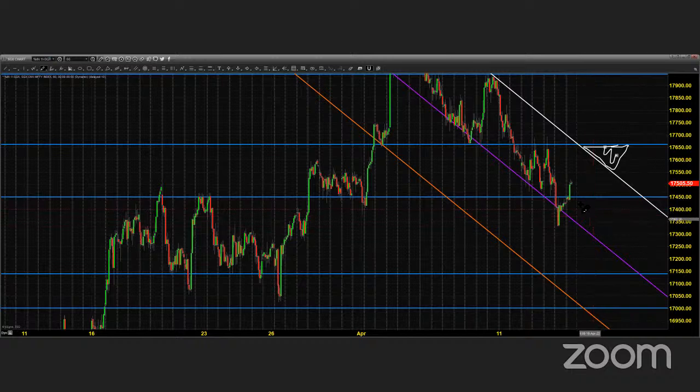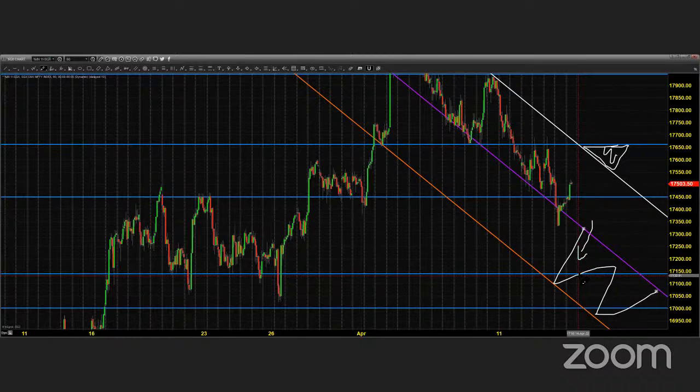And if the price is breaking this violet line and moving down, it says the trend is very strong, or the price is going to deviate from the upper band of the downtrend channel and is likely to move towards the lower band. If you remember, at the beginning of this session we discussed a major support at 17,000 and 17,200.